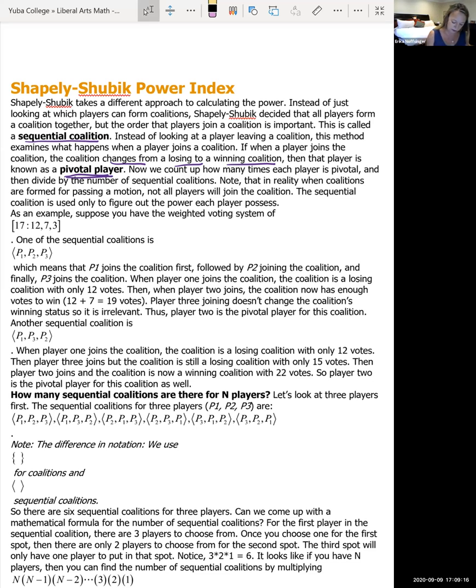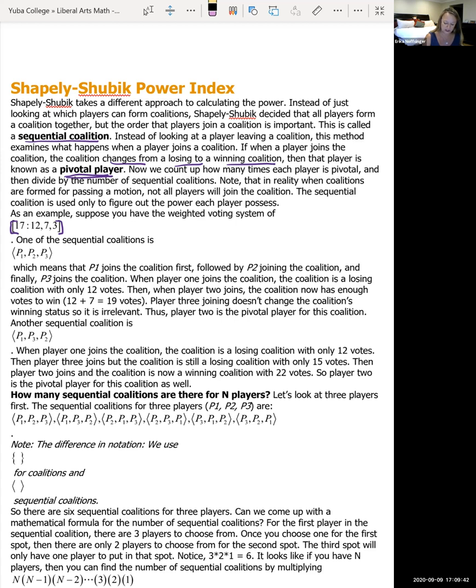We know how to read this weighted voting system. We looked at this last week. As an example, suppose you have a weighted voting system as follows. We have 17. This first number, we remember, was the quota: what needed to be met in order for the motion to pass. So 17 or higher would make this motion pass.